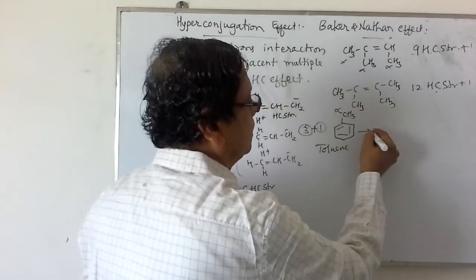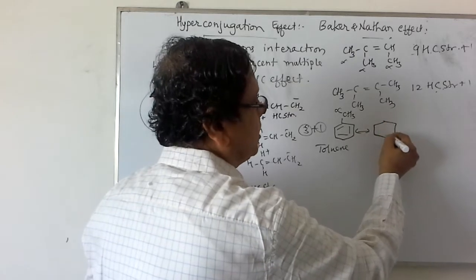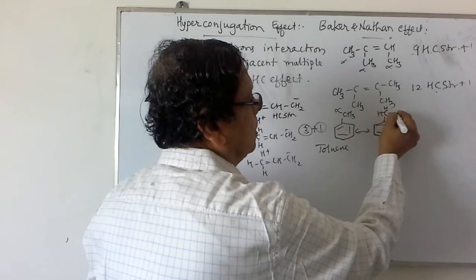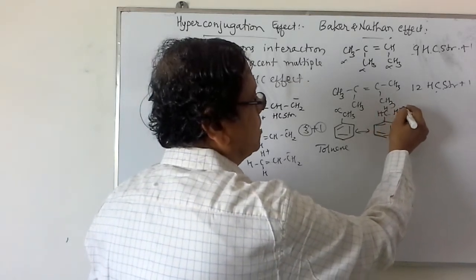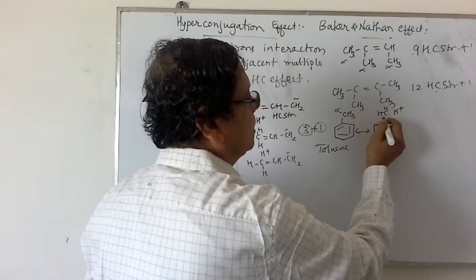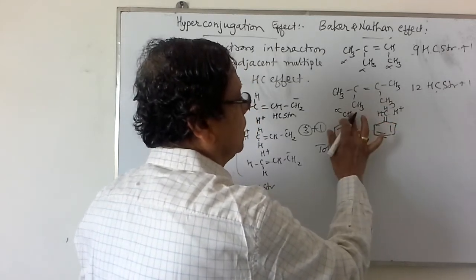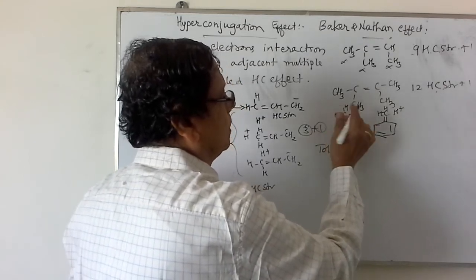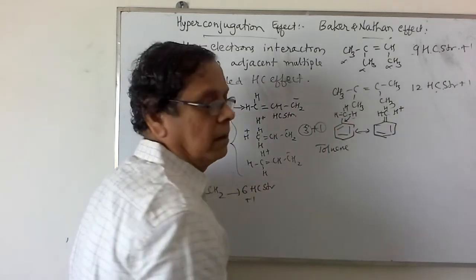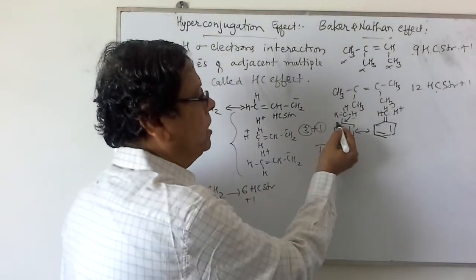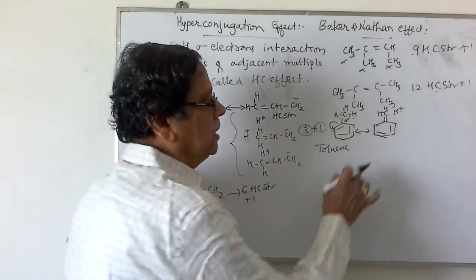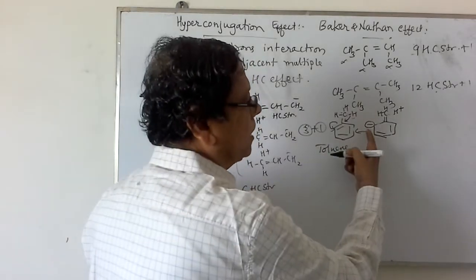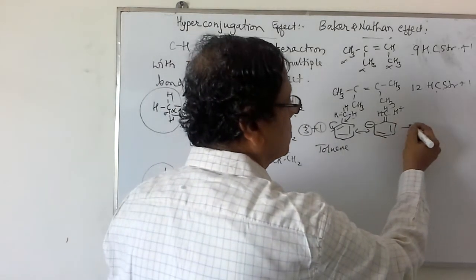That's why we can write these hyperconjugation structures: CH2 will carry H+, and this will interact with this double bond to give rise to this structure. One of the alpha carbon hydrogen sigma electrons interacts with this multiple bond. That's why we have this negative charge on this one. This will further undergo the resonance effect to give rise to 2 more structures.